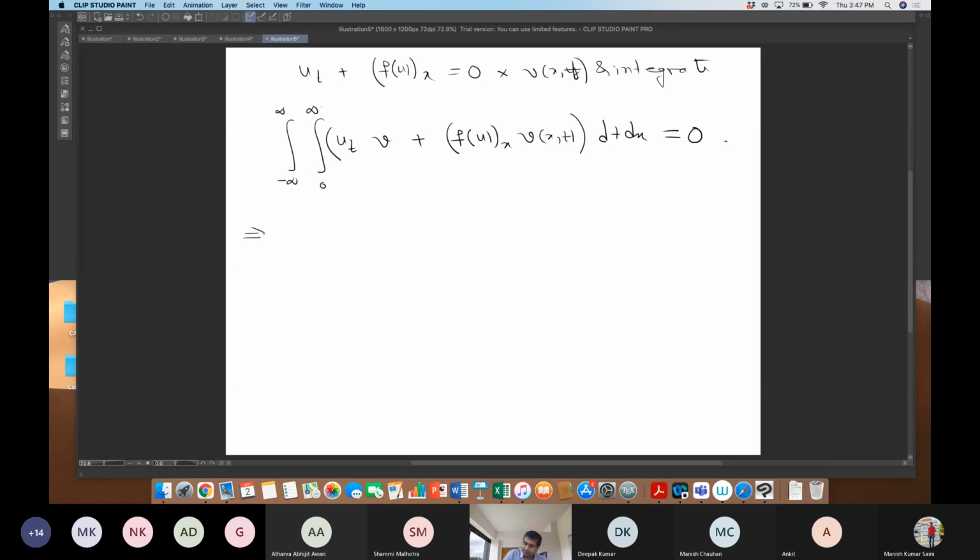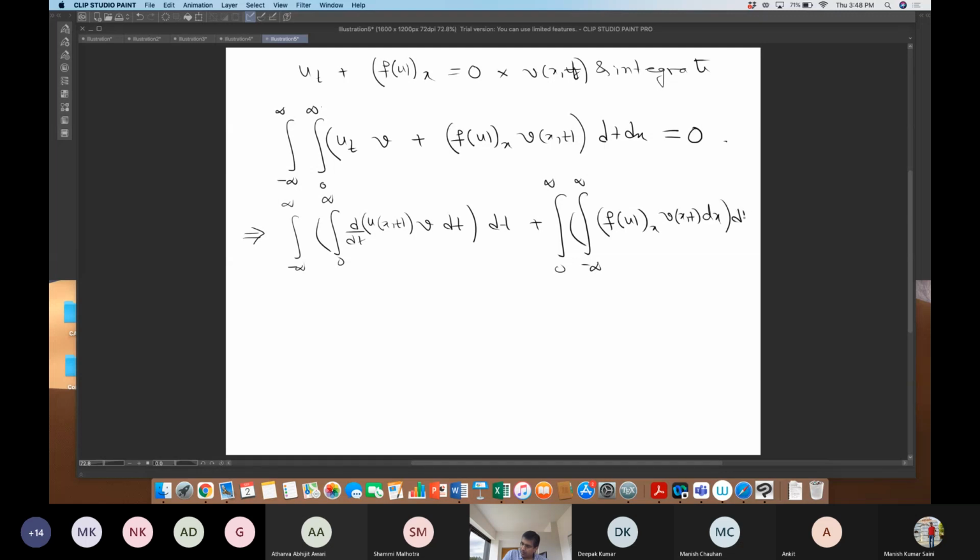Now you consider the first term. You can just change the order of integration. Why can I change the order of integration?